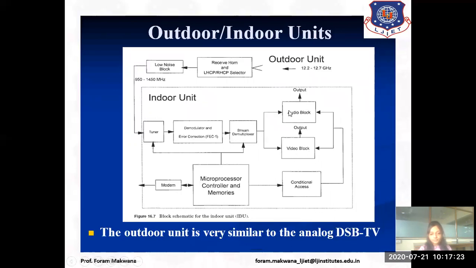This control is done with the help of a microprocessor, and the data is stored in the memories. At the output we get the audio as well as the video. So this is how we convert our digital signal into audio and video form.